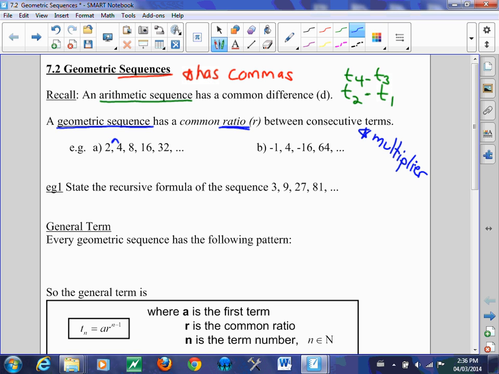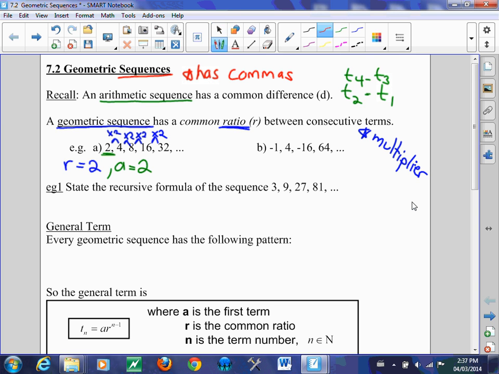Instead of writing plus 2, I'm going to go times 2, times 2, times 2. When you're multiplying to get from one term to another, that gives you an r value. So r equals 2 for that. The same terminology we also use for the first term, so a equals 2.